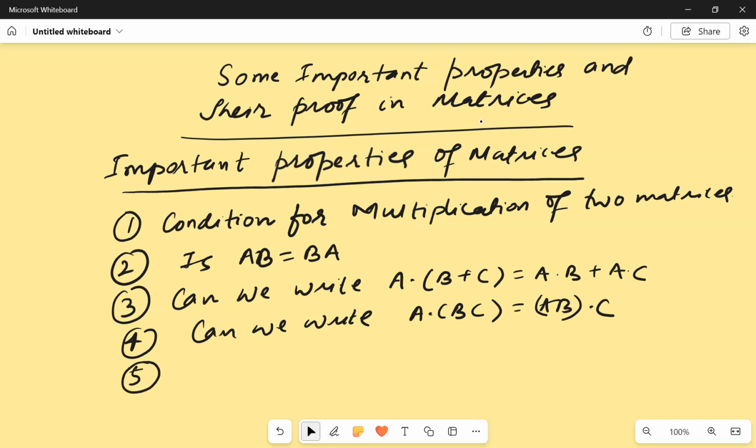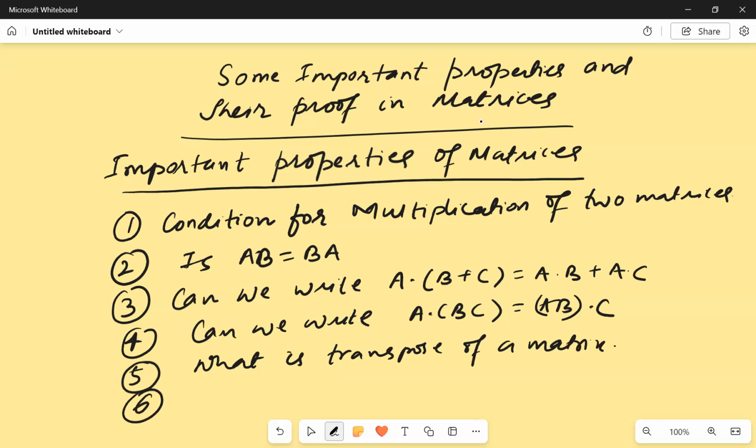Now the fifth one: what is symmetric? Before that, let me tell you what is the transpose of a matrix.